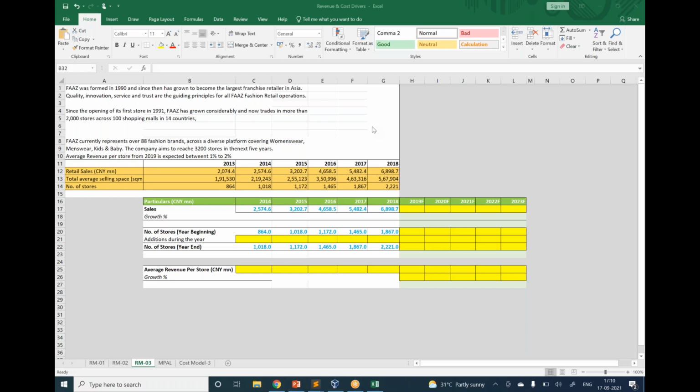Because that store also from January would be making money. So if you read the question, what does it say? Average revenue per store. So then tell me what should be the formula? Sales divided by?